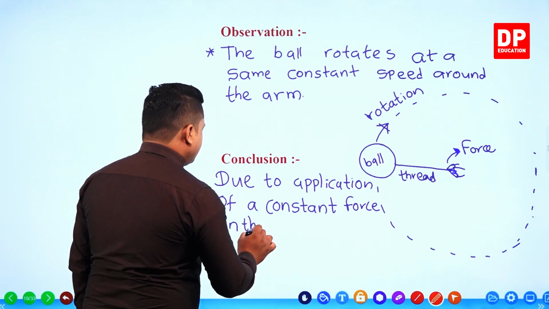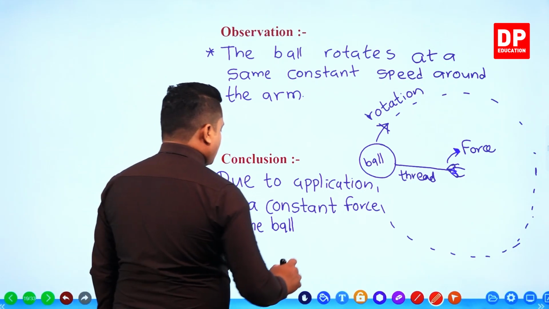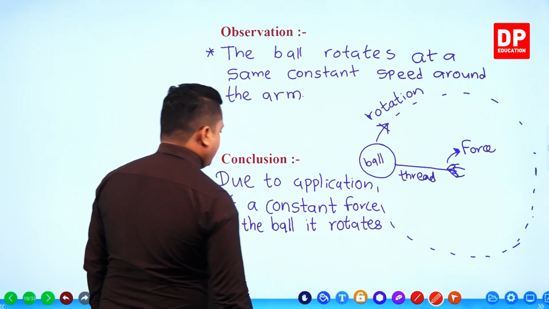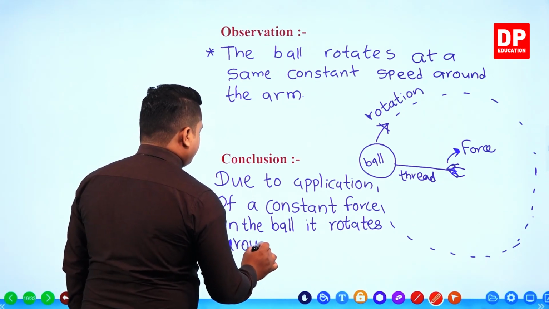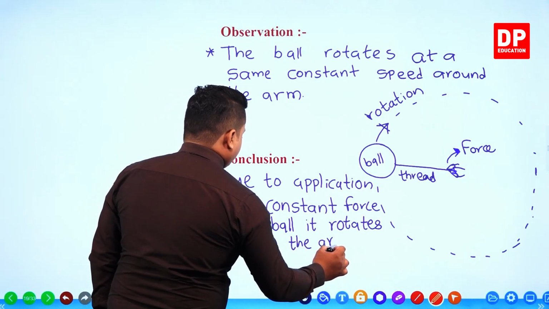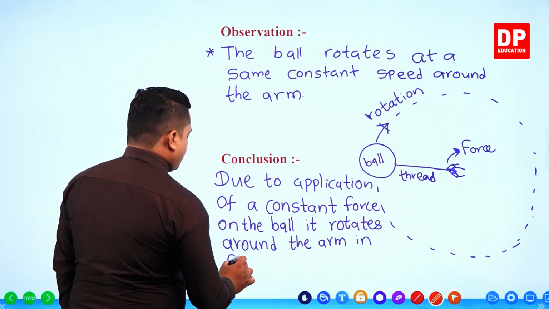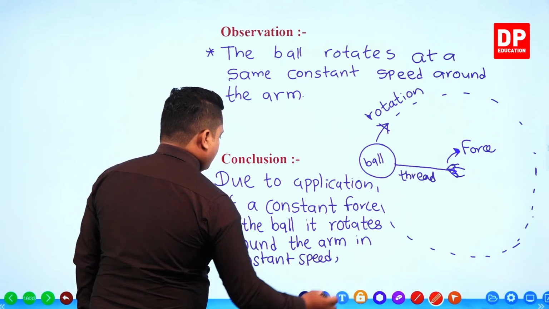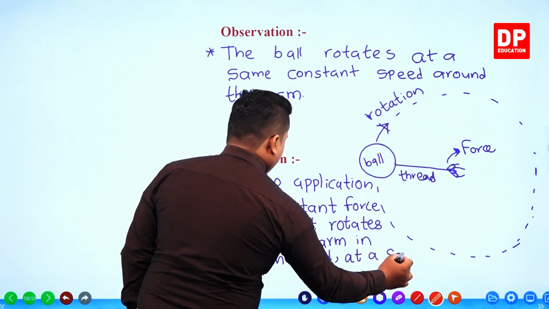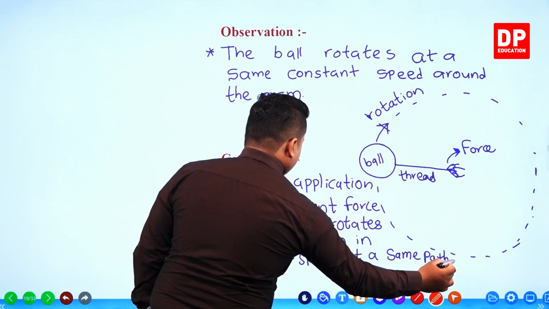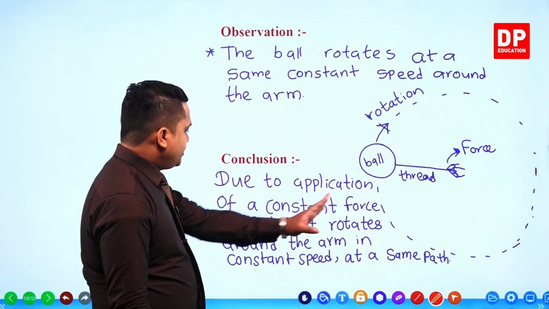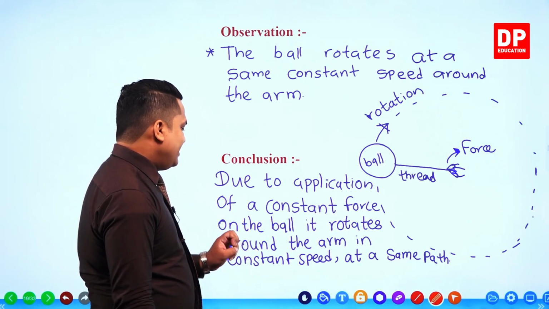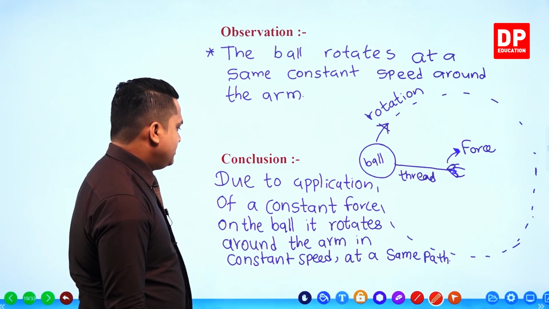Due to application of a constant force on the ball, it rotates around the arm in constant speed at a same path, right?